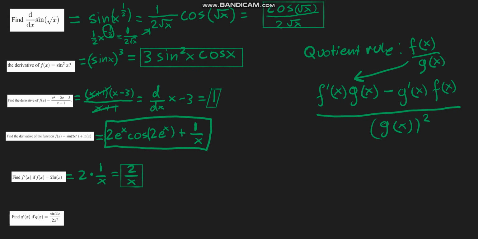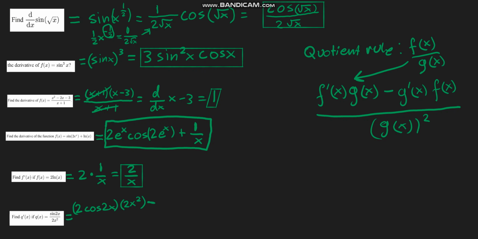Okay, so let's apply that rule over here. So our f of x is sine 2x, and the derivative of this, again, we take the derivative inside the parentheses of the sine, which is 2x, and that is 2. So it is 2 cosine 2x, and then we multiply that by the denominator, 2x squared.